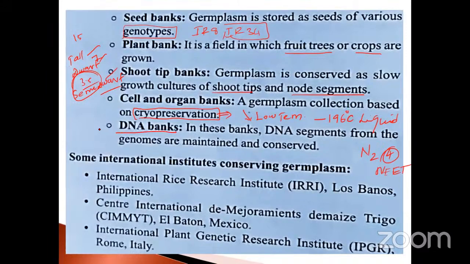DNA bank, already in our book, we studied in biotechnology, gene technology, isn't it? In this bank, DNA segments from the genome are maintained and conserved. These are important, my dear students. Don't forget the banks: seed bank, plant bank, shoot tip banks, cell and organ banks, and DNA banks.